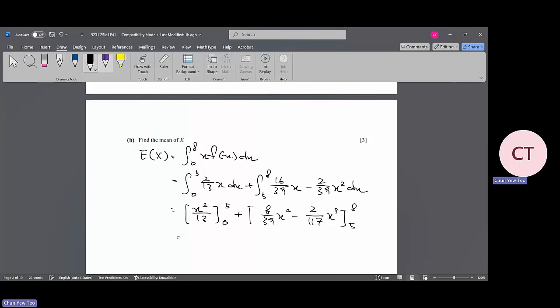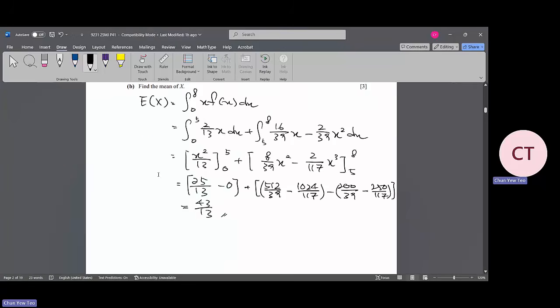Replacing the values, you get 25 over 13 minus 0, plus 512 over 39 minus 1024 over 117, minus 200 over 39 minus 250 over 117. Pressing everything on the calculator, you get the mean as 43 over 13. This is the answer for question 2B.